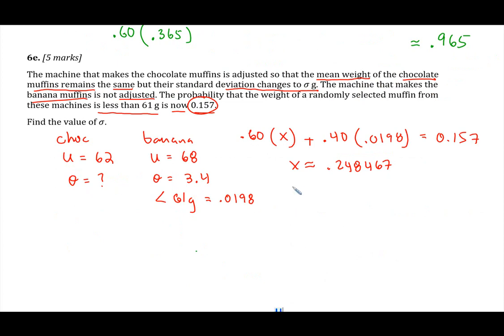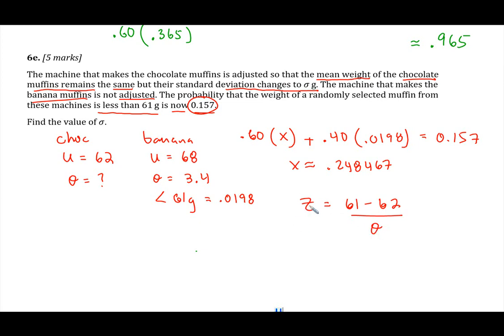Once you find this, remember, anytime you're trying to find either the mean or the standard deviation, we know we're using the z-score formula. So z is equal to, well, what's our x value? It's 61 grams minus the mean, our mean for chocolate is 62, divided by sigma, which is what we're trying to find.